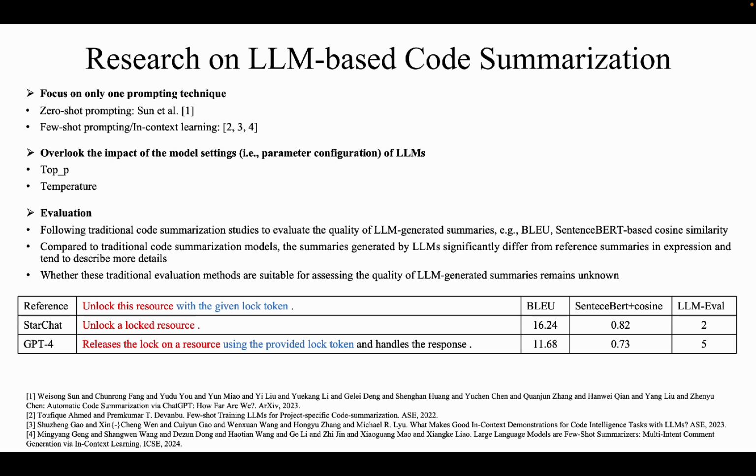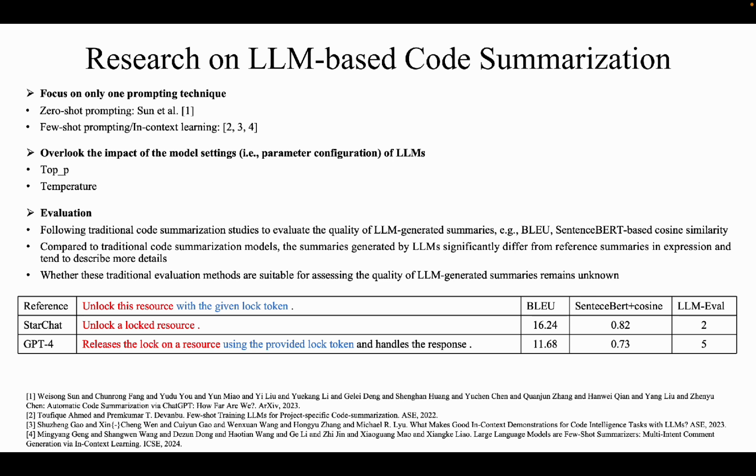Here is an example. The comment generated by StarChat gets higher scores in text similarity and semantic similarity, but as we can see, the comment generated by GPT-4 has greater clarity and contains more information. However, its description is different from the reference comments, like it uses release instead of unlock, and it contains more details that do not exist in the reference summary, so it gets a lower score.